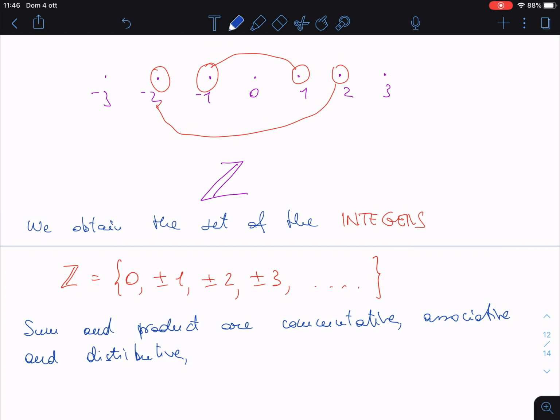They have neutral elements which are again 0 for the sum and 1 for the product.